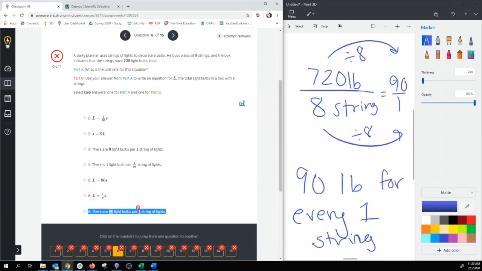Remember, our unit rate is 90, so we're looking for an equation that has 90 as the number. Perfect. There we go. So L equals 90S. Perfect.